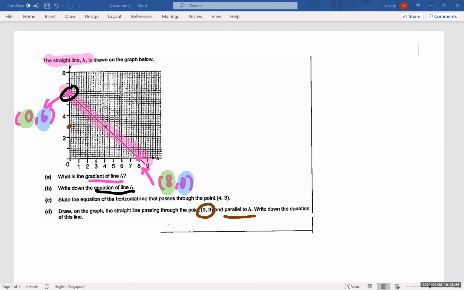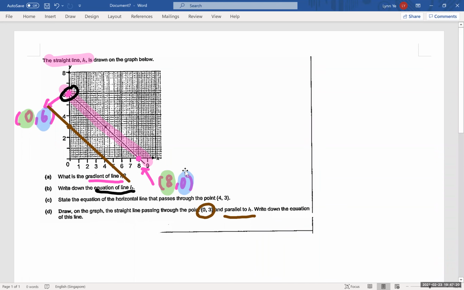To make it as accurate as possible, let's see if I can do this. I'll just make it this way, and this is my line. I need to move this parallel such that it cuts through that dot there. That's it, done. Okay, all right.